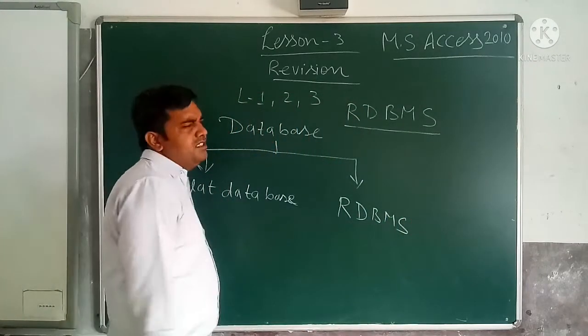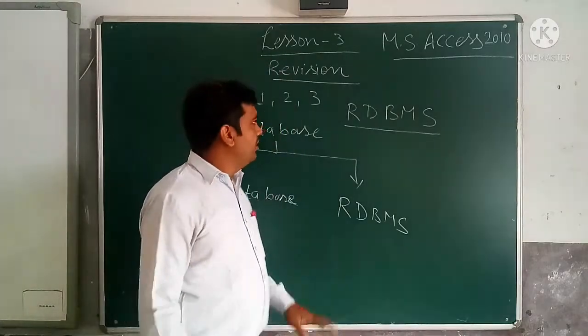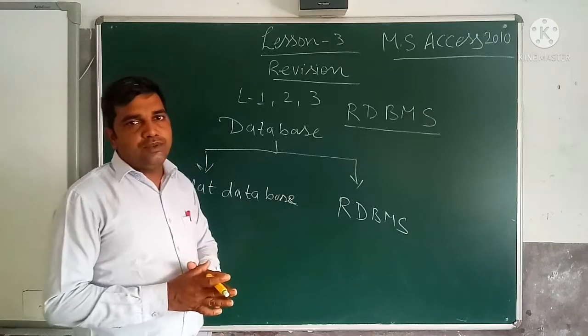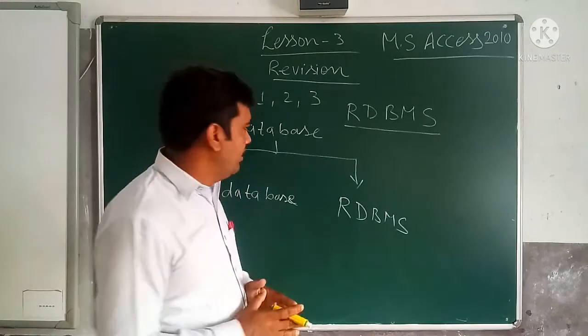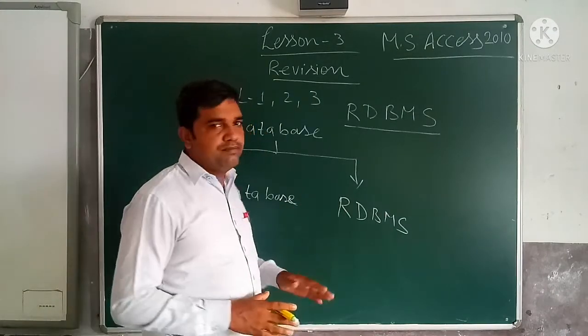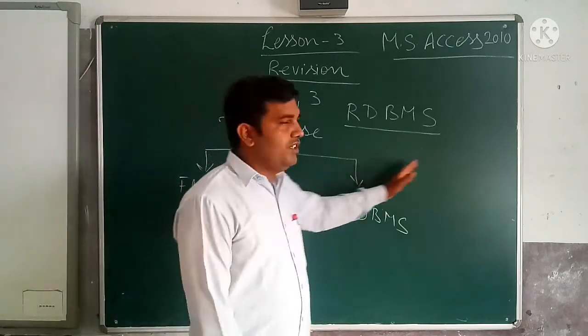Okay, so what is this database? Database is an organized way of storing information. If we are storing the information in the computer in an organized manner, organized manner means in some particular order by which we can identify each record of the database.